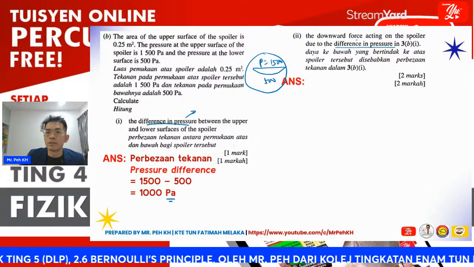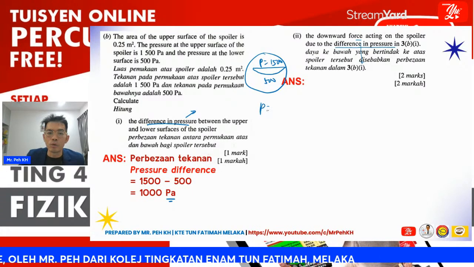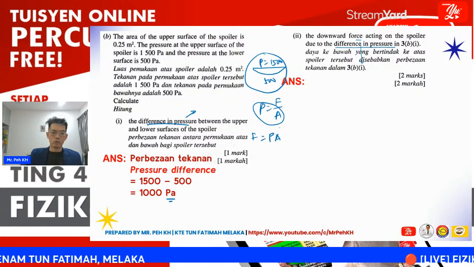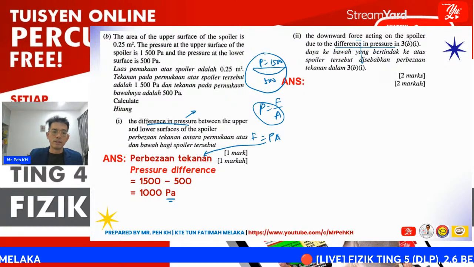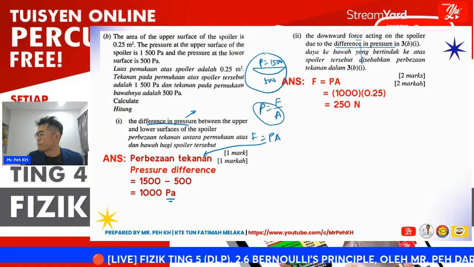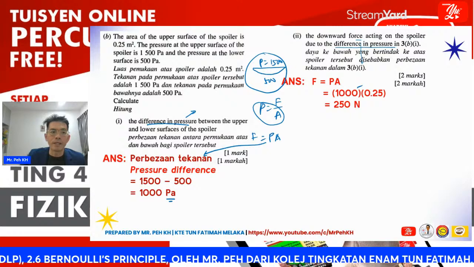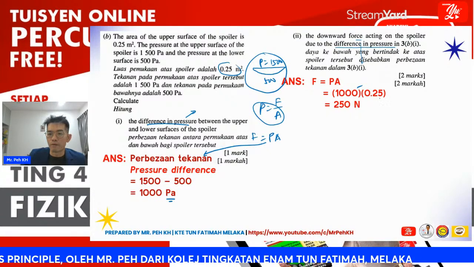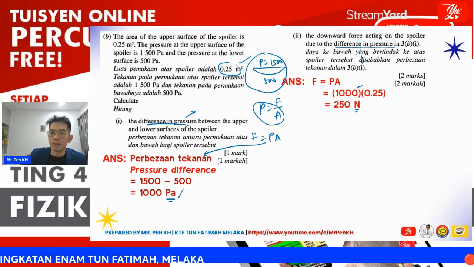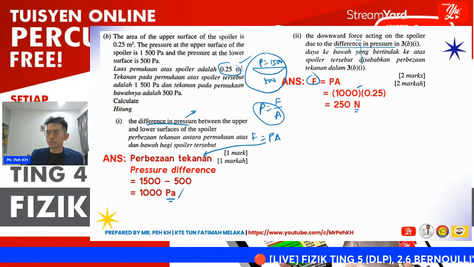The formula we learned just now: P equals F over A, so the force will be P times A. The P here refers to the difference in pressure. So F equals P times A. P is 1000, and A is given by the question, 0.25. Using SI units, straight away we get Newton, which is the SI unit for force.